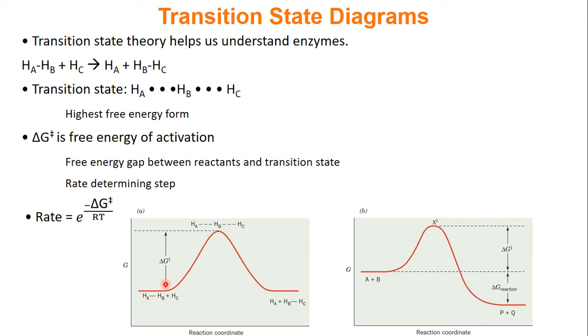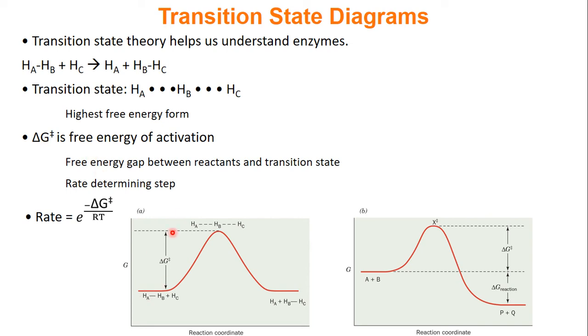And if we look at the energy of this reaction, you can see that we have a giant bump when we go to this HA, HB, HC complex. The energy from our reactants to the top of this transition state is called the free energy of activation, and we call this delta G double dagger.